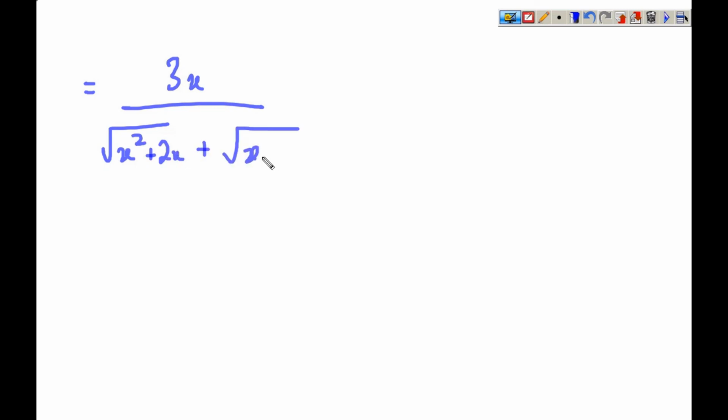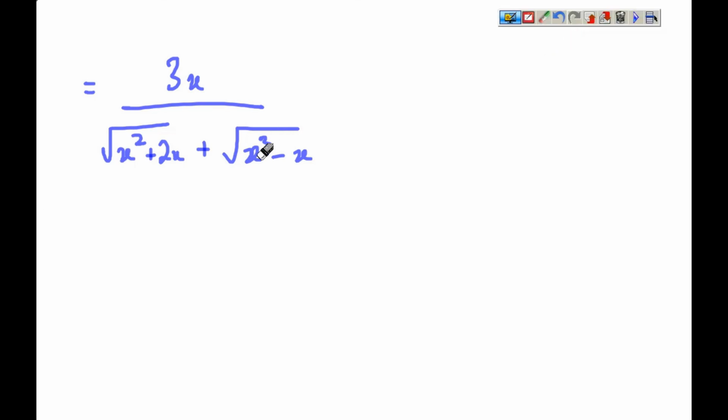By doing that we get 3x in the numerator, and in the denominator we get the square root of (x² + 2x) plus the square root of (x² − x), that is, A plus B. So still we have x in the numerator, which means it's still undefined if I apply limits right now.